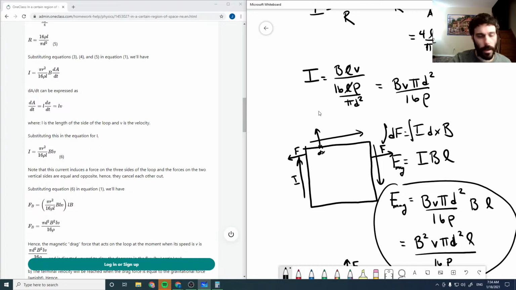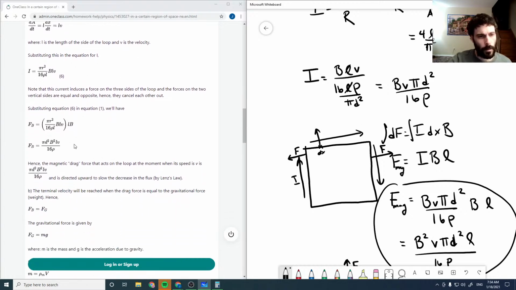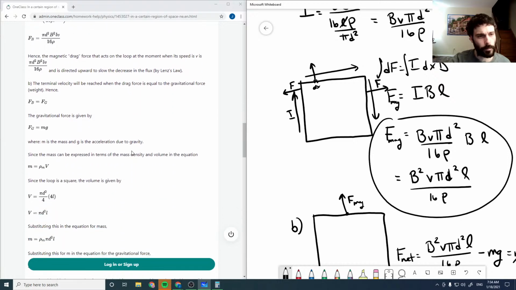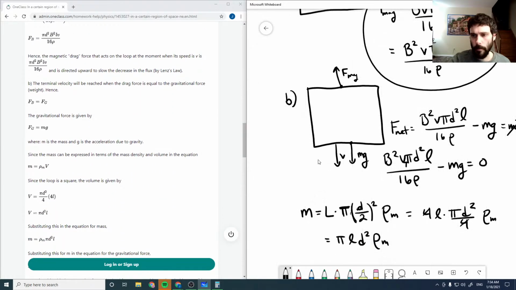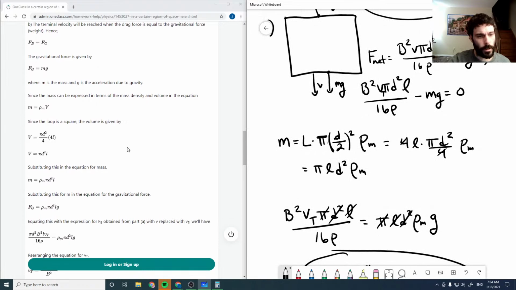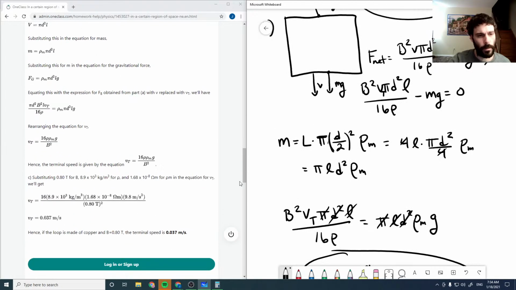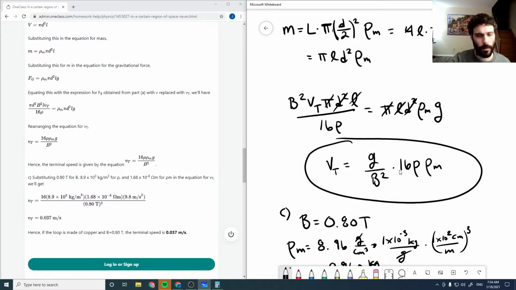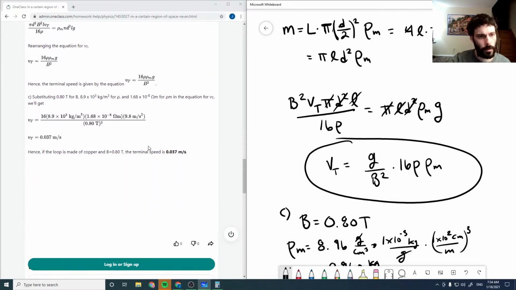They just didn't cancel the L, so that's okay. And so then we get an L up top. So there's our magnetic force, which again looks okay. Our magnetic force is going to equal our mg.